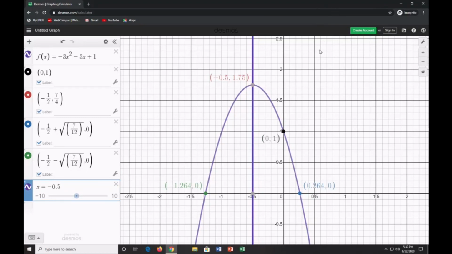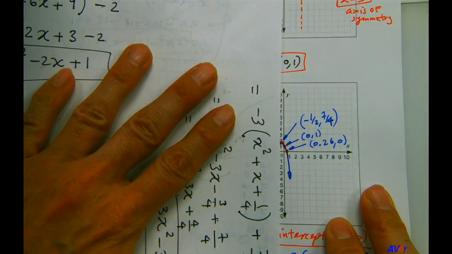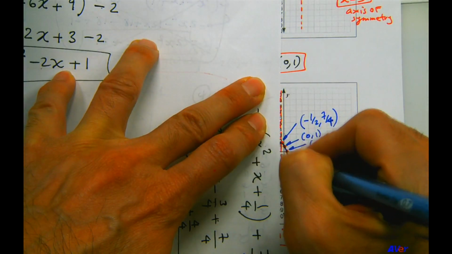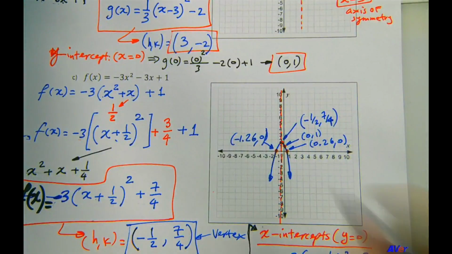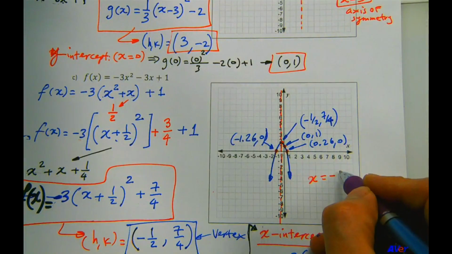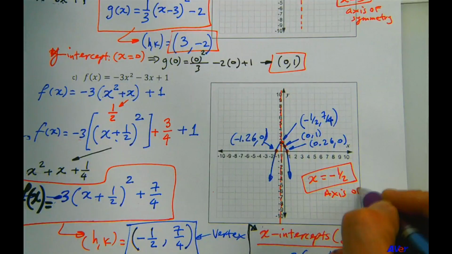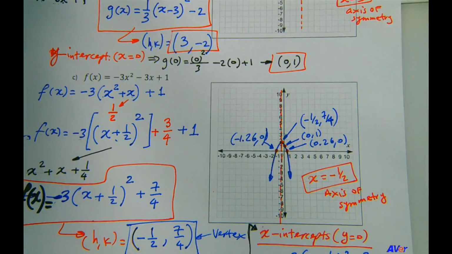All right, let's switch back to the doc camera. And I will complete this drawing by drawing a dashed line through the vertex here, which is the axis of symmetry, like that. And then x equals minus 1/2 is the axis of symmetry. Okay. All right.